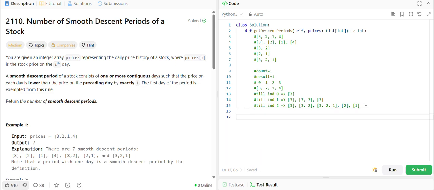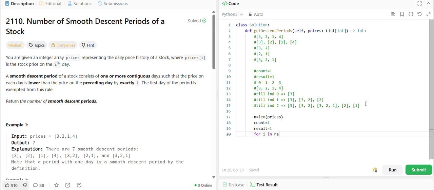So now come to the code. Let n be the length of the prices array. Now initialize the variables. Why are we storing 1 here? Because we will start iterating from index 1 and check against the previous indexes.